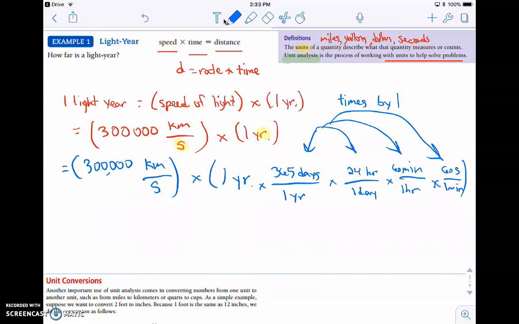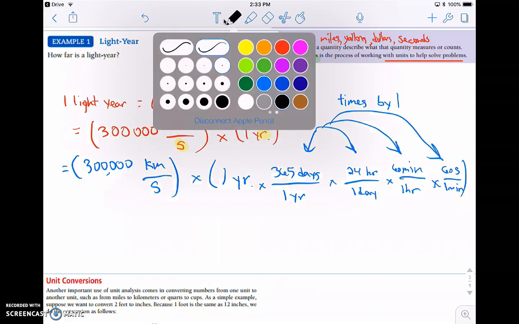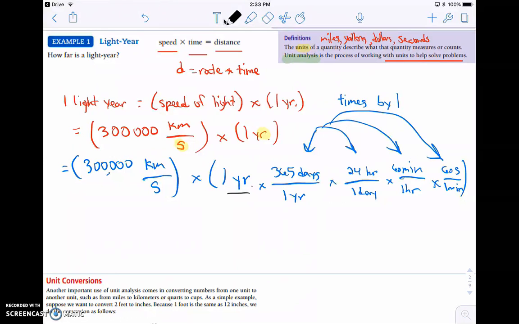But notice what happens. Technically this would be 1 year over 1 as a fraction. So the years will cancel. Then the days cancel, then the hours cancel, then the minutes cancel, and we are left with seconds. So now we have 300,000 kilometers per second times, and you're going to multiply out, so I'll highlight these numbers, 1 times 365 times 24 times 60 times 60 in the numerator.